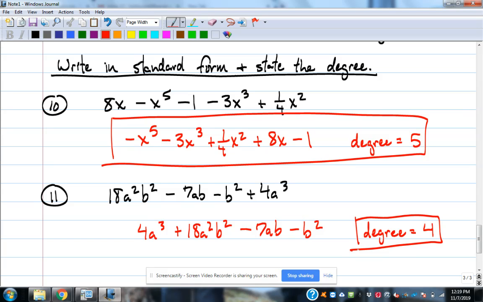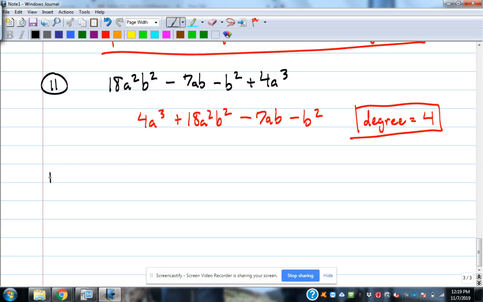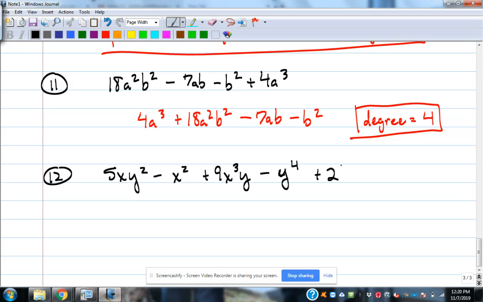All right, let's look at another one. 5xy squared minus x squared plus 9x to the third y minus y to the fourth plus 2. We're going to put that in descending order and then state the degree.